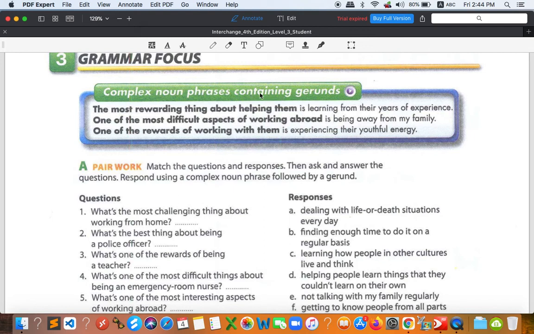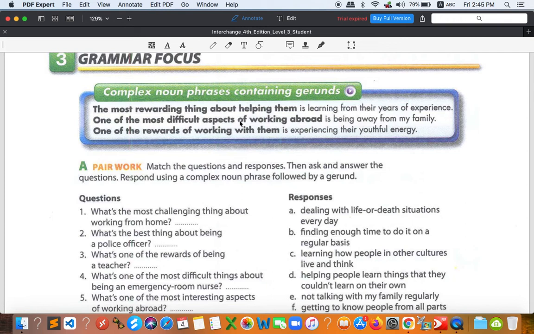And let's say containing gerunds, you see that after preposition, and then we have helping them. Alright, another one is off, and then working abroad, and off, working with them. You see that? So this is about gerund, and the whole clause is a complete noun phrase, functioning as a subject, and inside that it has a gerund.